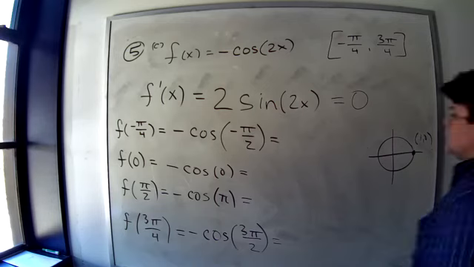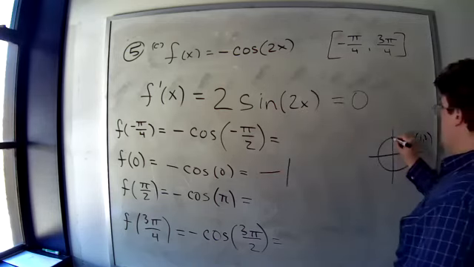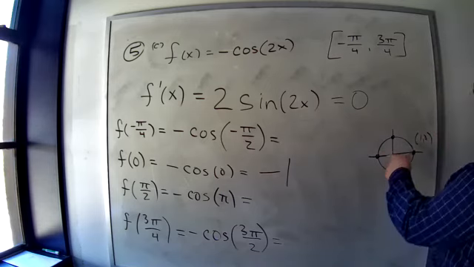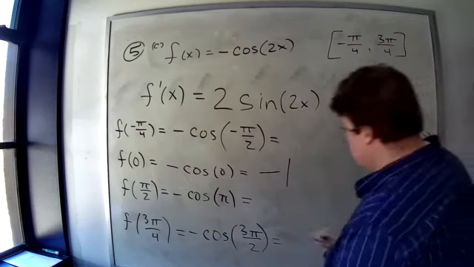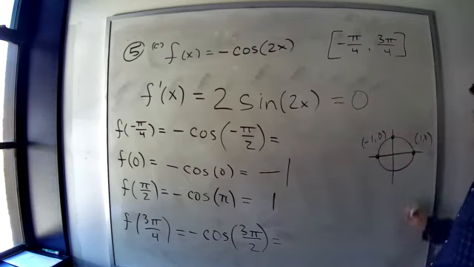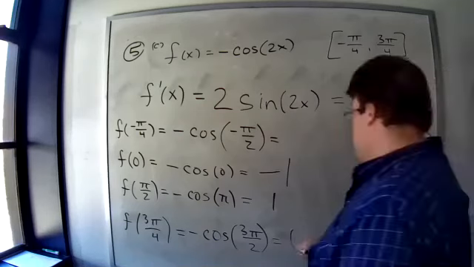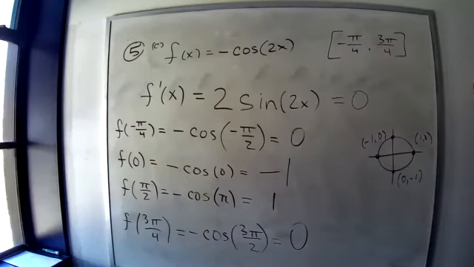Cosine of 0 is 1. So that's -1. Cosine of pi is -1. The negatives cancel. Cosine of 3 pi over 2 is 0. And cosine of negative pi over 2 also 0.